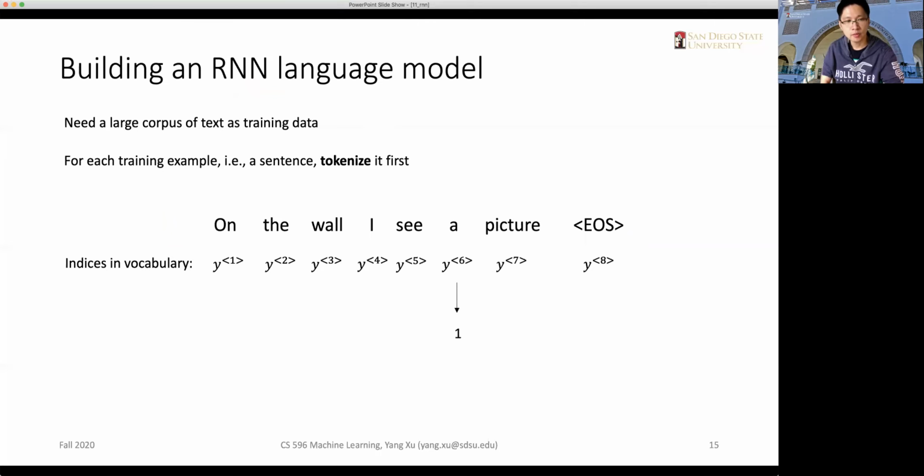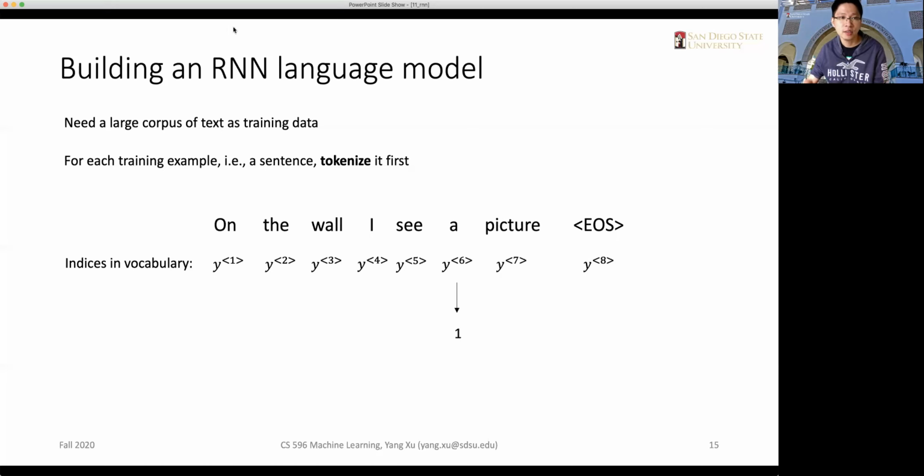After we tokenize it, we can have the indices for each word in the vocabulary. Remember that in the example we showed in the previous lecture, we need to collect all the possible unique words in the training data. That is a very large quantity. We can usually have tens of thousands of words in our training data sets, and each unique word is assigned an index or a word ID.